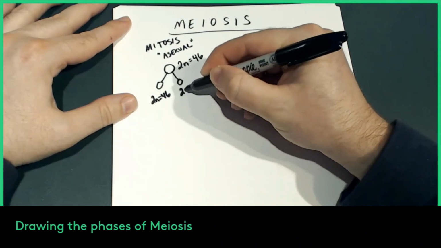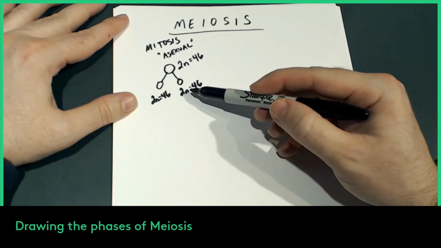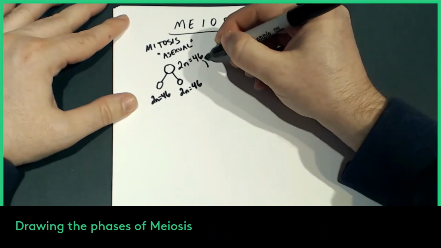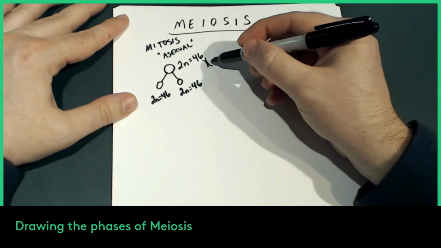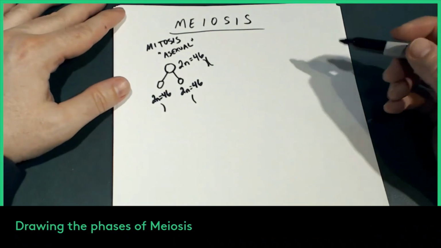One of the hardest things for students to understand is, wait, how did we go from 46 chromosomes to two cells with 46 chromosomes? Because these 46 chromosomes look like this, and remember, when you split this into two daughter chromosomes, you have 46 of these. Okay, so that was mitosis.